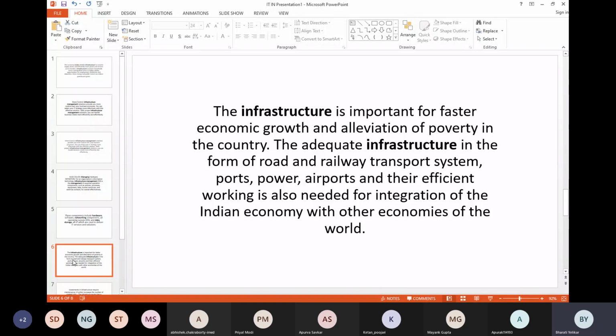Adequate infrastructure in the form of roads, railways, transport systems, ports, power, and airports, and their efficient working, is also needed for integration of the Indian economy with other economies of the world. So I am giving you the example of the Indian economy as well. And with this note, I would like to conclude today's lecture.